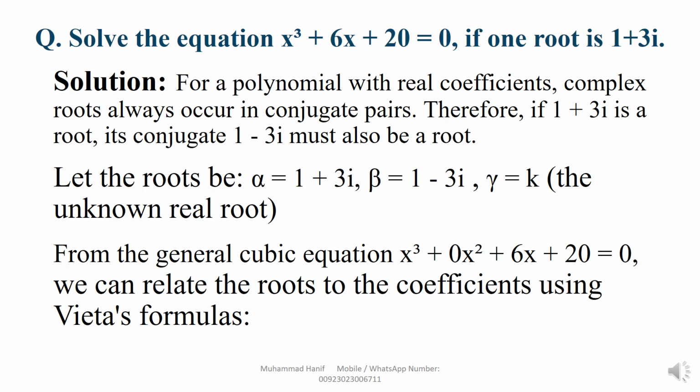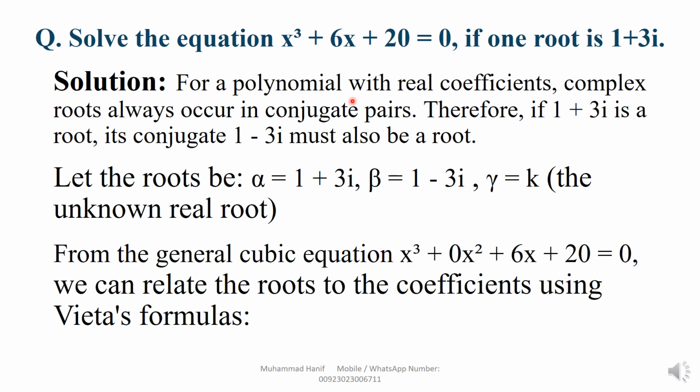Now, the question is given. Solve the equation x cube plus 6x plus 20 equal to 0 if one root is 1 plus 3 iota. According to the question, one root is given.